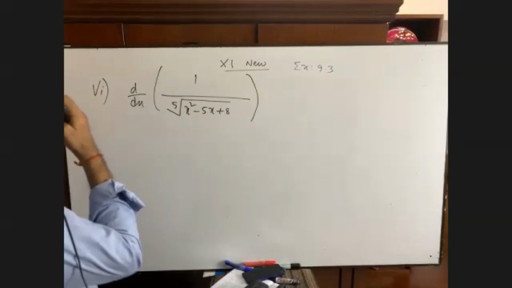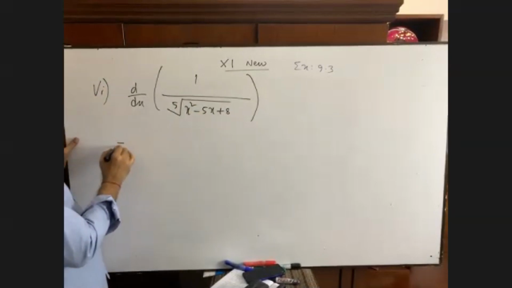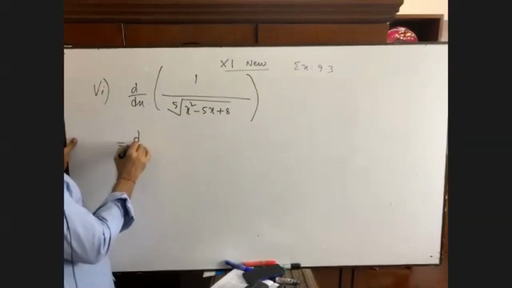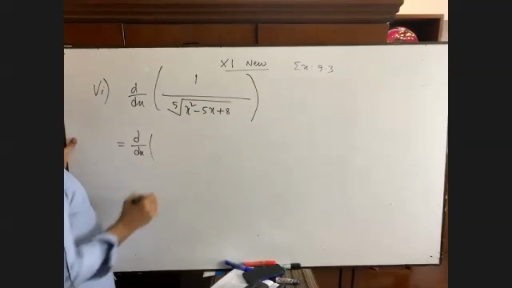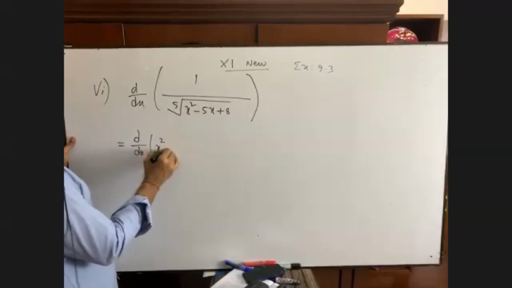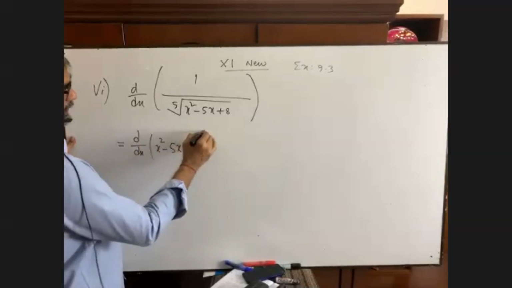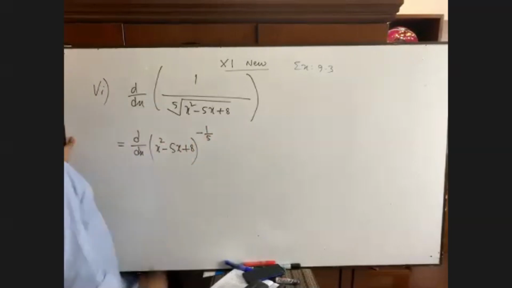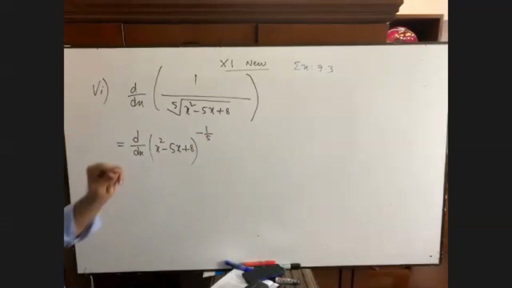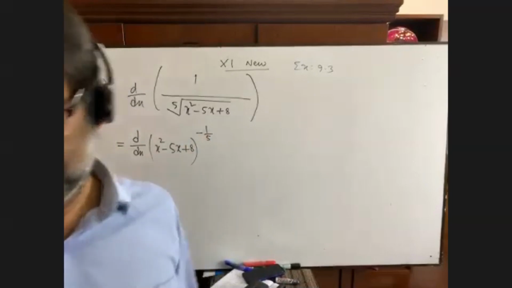Can you do it? What is your first function? d by dx, it is x square minus 5x plus 8 to the power minus 1 by 5. Have you got it or not? This is the question.